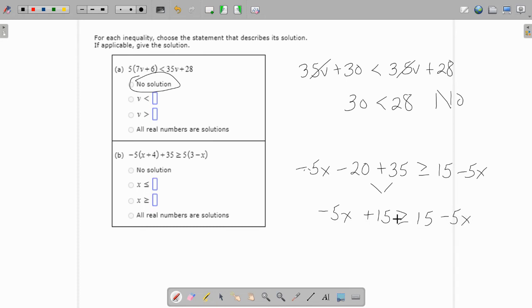Some of you might be able to see these are exactly the same, so it's all reals. But let's say you add the 5x to both sides. They cancel. Is 15 greater than or equal to 15? This only works because you have the bar here. And yes, that's true, so it's all reals. And of course, I didn't pick anywhere you get an answer. You could solve this out and actually get an answer in this section.